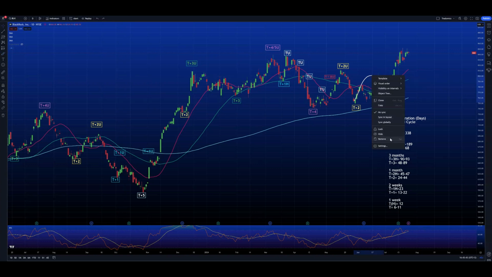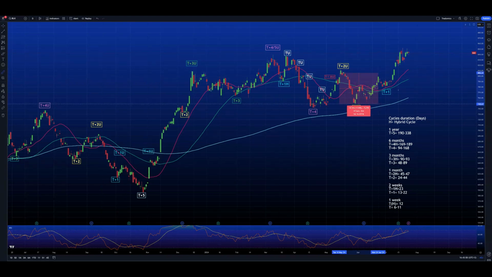The most interesting part of the analysis, and that's why we are here. Here I also have to put a t+2 in this case, is that this top was broken up with this candle. Now, according to the last video, we said that here there was the possibility to have a t+4 at least, or even a t+5.